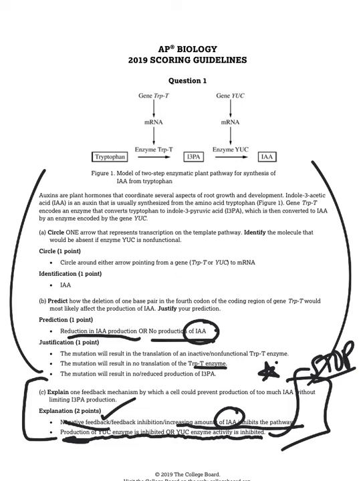What's important to note here is that if we have a frameshift mutation, a deletion, it's going to affect the enzyme a lot. So it's going to result either in no translation, it's going to make an inactive or non-functional enzyme, or it's not going to make I3PA, which is also what you could have said, right? So that's this one. Because we know that this isn't working, this isn't going to work.